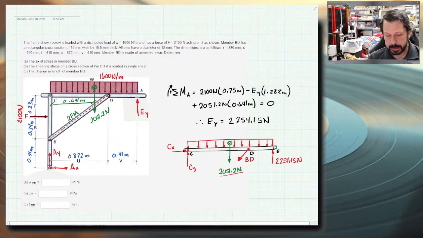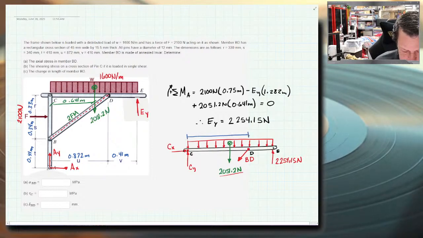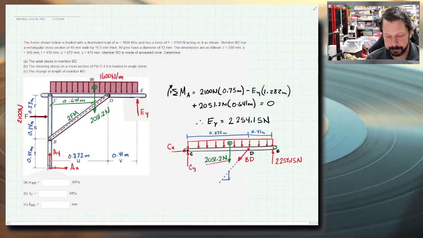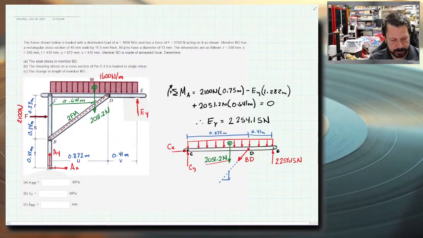Okay. We have some dimensions that we know also. We know that this dimension is the 0.872 meters, and this one is the 0.41. We know a little bit. Let's move this guy up to there. I know a little bit about this angle because I know its rise and run. I did those backwards when I said them, but that's okay.